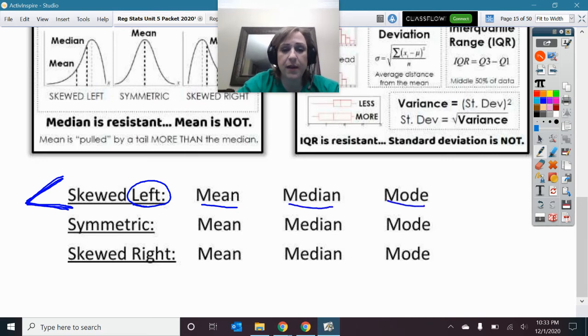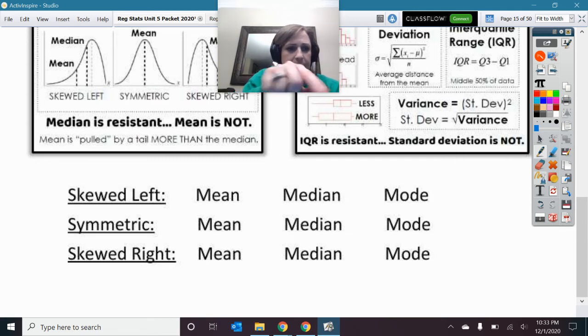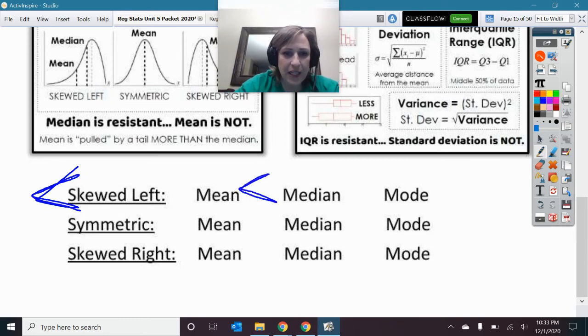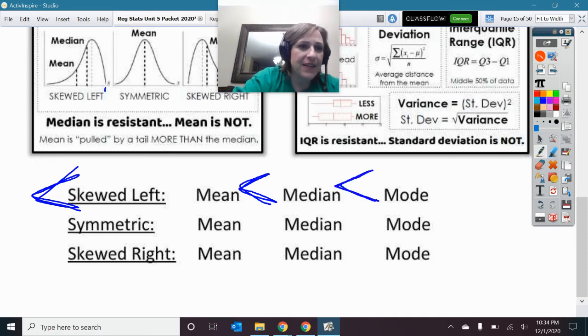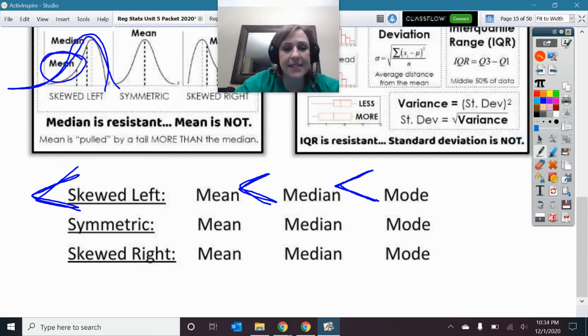Do you see how I wrote them every time? Mean, median, mode. That's how you're going to write it every time. Then you put your inequalities in. If it is skewed to the left, the less than sign is your inequality. So what does that tell me? If it is skewed to the left, the mean is smaller than the median, and the median is smaller than the mode.